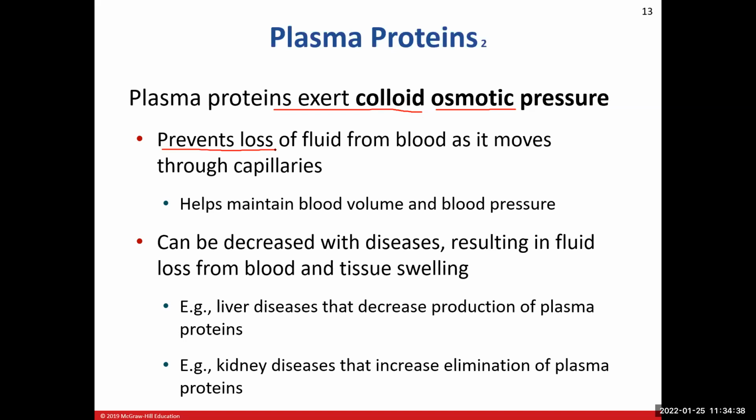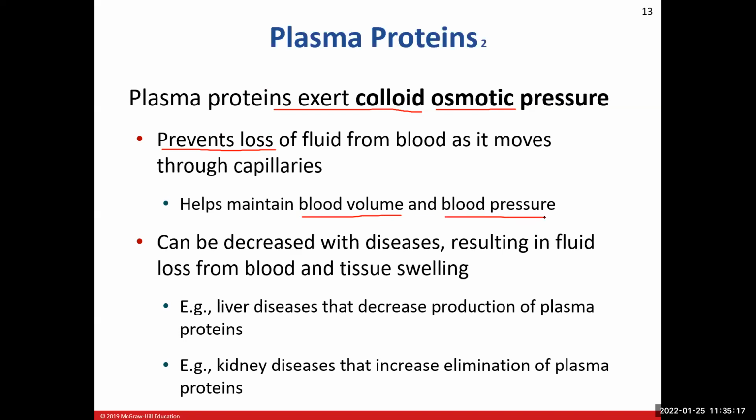You're going to send this fluid through this leaky system, and we want to prevent a lot of fluid from leaking out of these structures. Well, these plasma proteins help to deal with that. They attract the fluid and help to prevent it from leaking out of those capillaries as the blood moves through them. So this is important because, one, it helps to maintain blood volume because it prevents the blood from leaking out of the capillaries, and it helps to maintain blood pressure. So this is important.